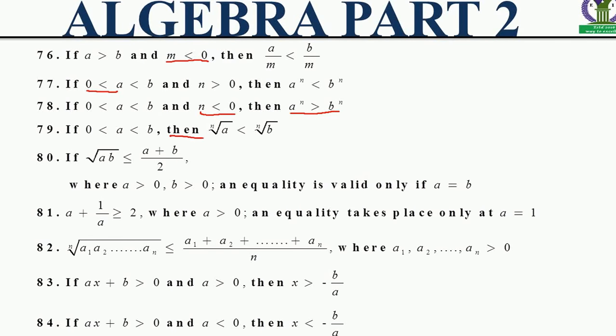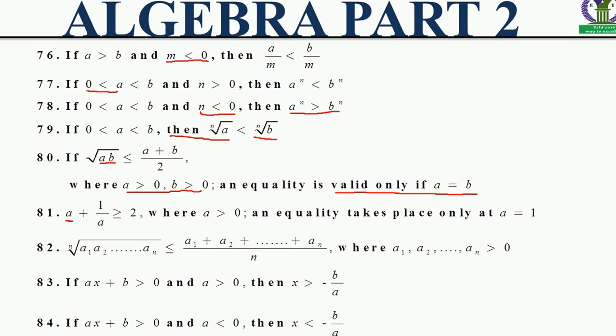Similarly, we have a to the power 1 upon n is less than b to the power 1 upon n. Also, a to the power 1 upon 2 is less than or equal to a plus b by 2, where a and b are both greater than 0, and equality is valid only if a equals b.